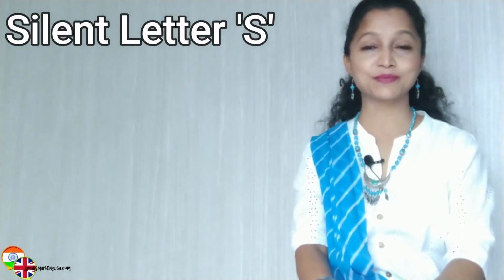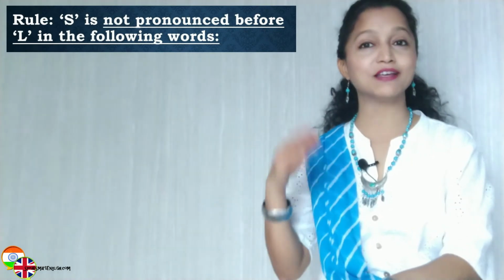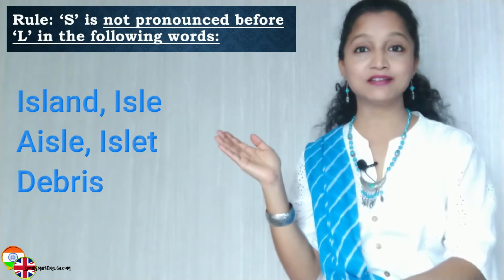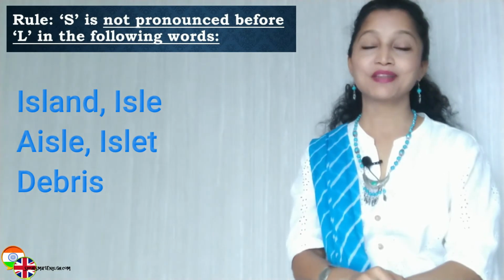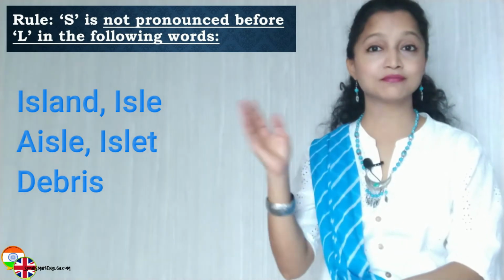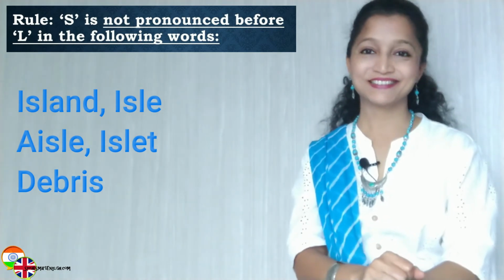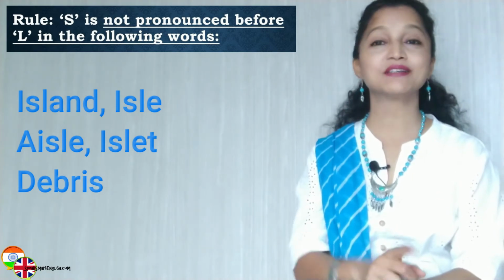Next one is silent letter S. S is not pronounced when it comes before L in these words. Island, isle, islet. And in the case of this word, that is debris. So remember not to pronounce S when it comes before L.